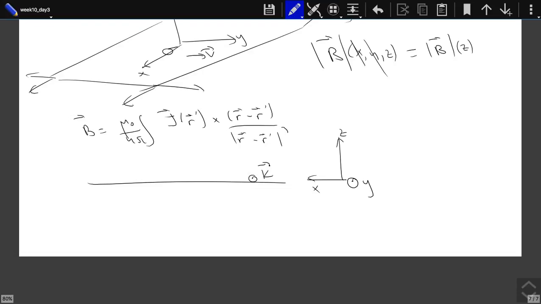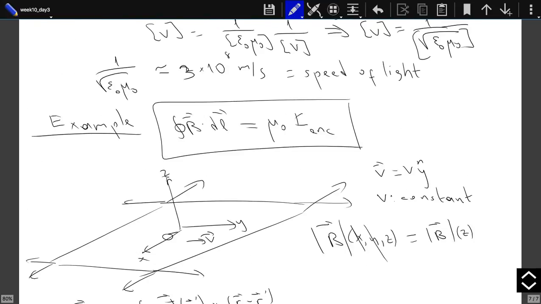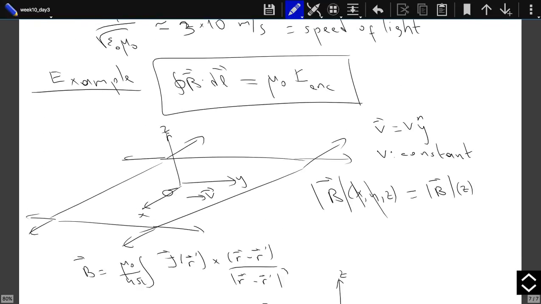Well, another thing you can think of is we have already the case of infinite wires. If we have an infinitely thin infinite wire, well, this plane, you can just think of it as a collection of infinitely thin infinite wires.